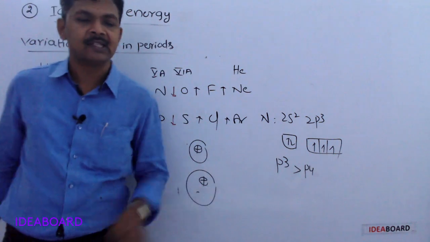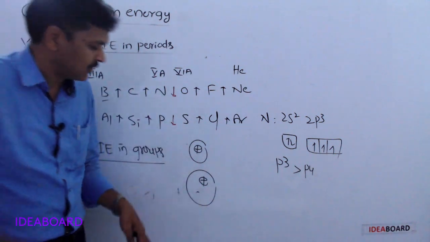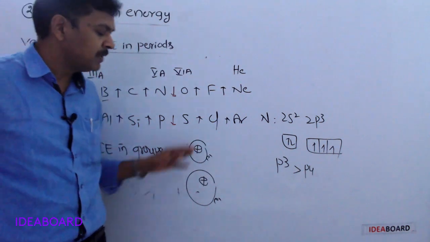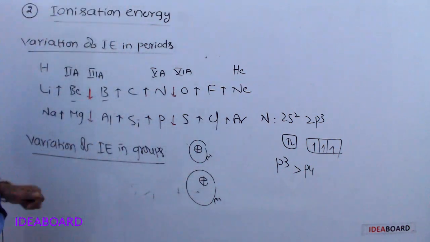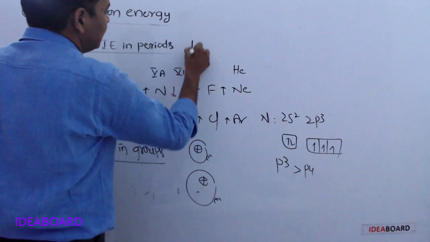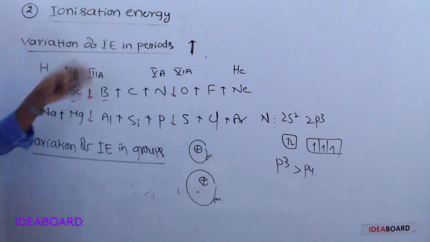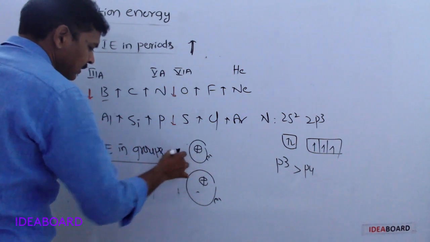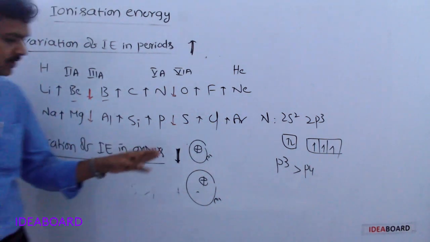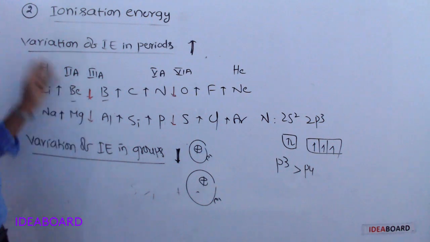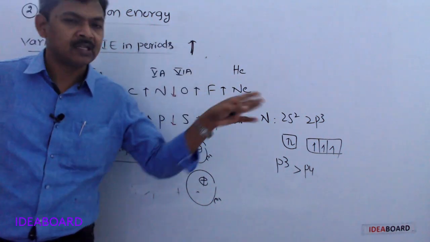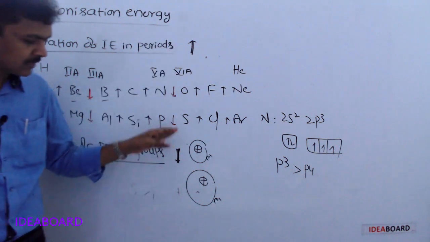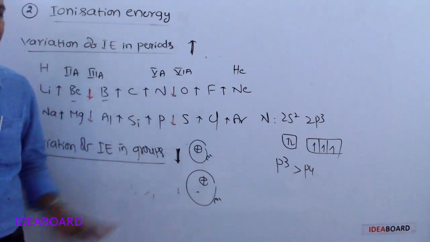As atomic size increases, the nucleus's force of attraction on valence electrons decreases. That's why IP decreases in groups. In periods, left to right, as the atomic number increases, IP increases. But in groups, top to bottom, as the atomic number increases, IP decreases.